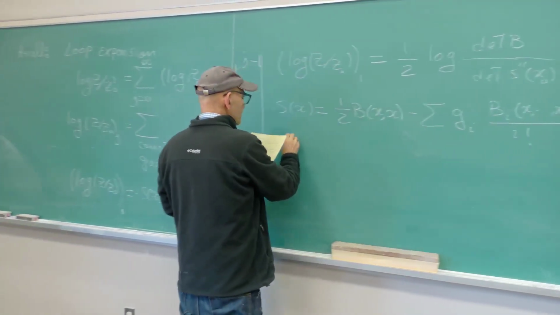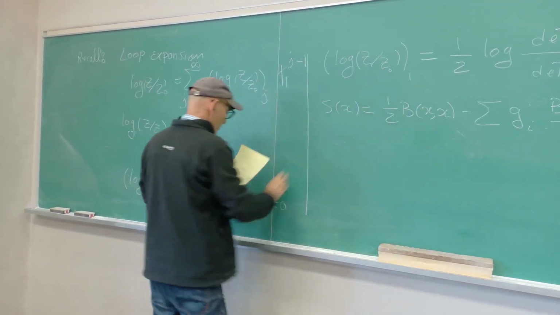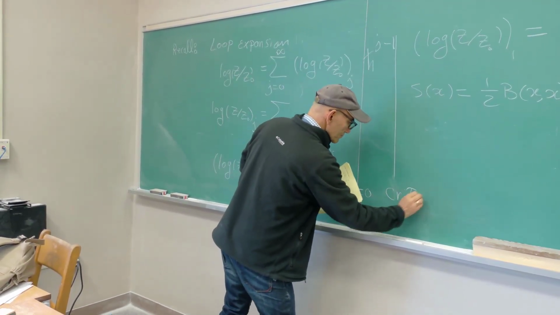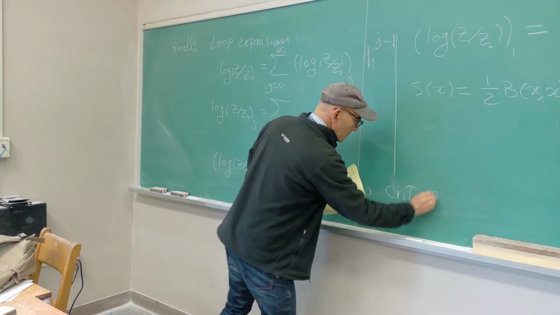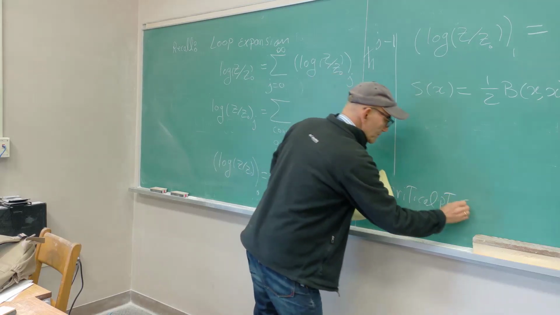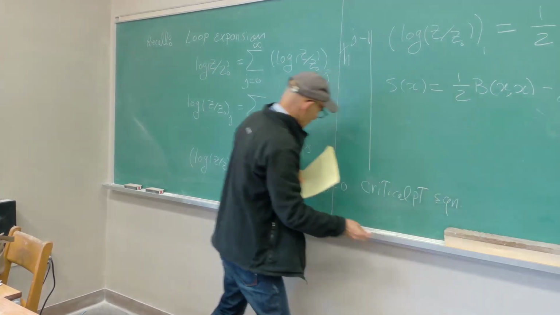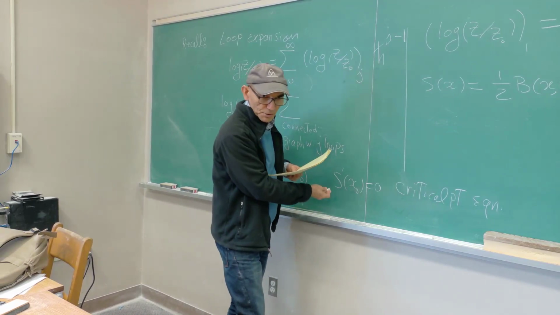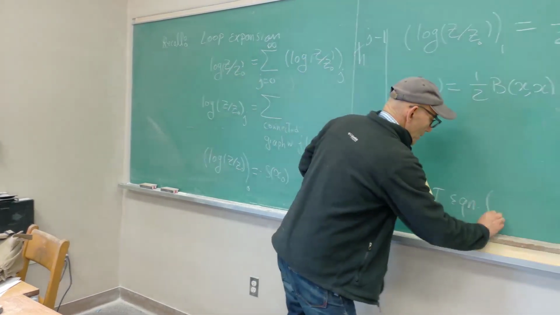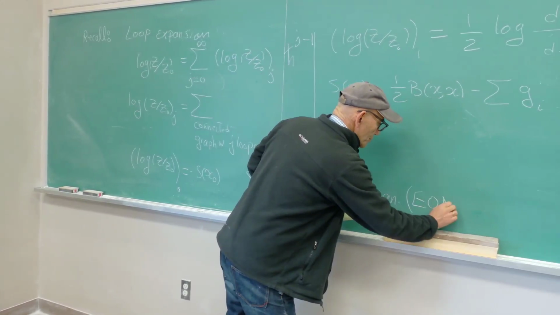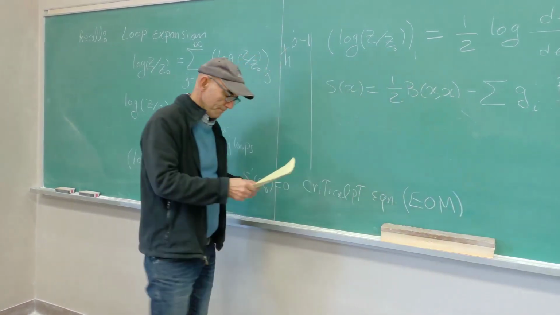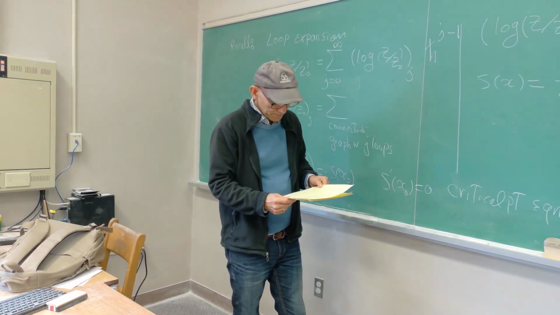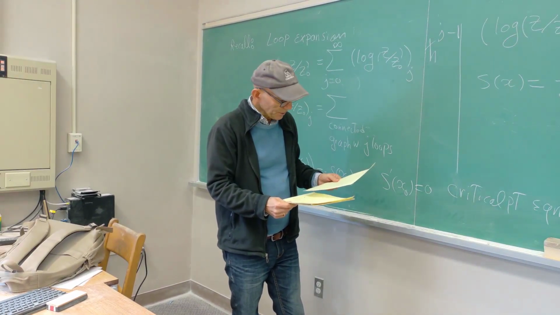And x0, well, I already said it is a critical point. The critical point equation, if you do it in the actual case, gives you equations of motion. So that's one of the things that we did in the last lecture.